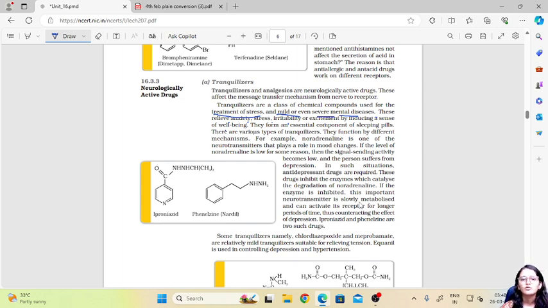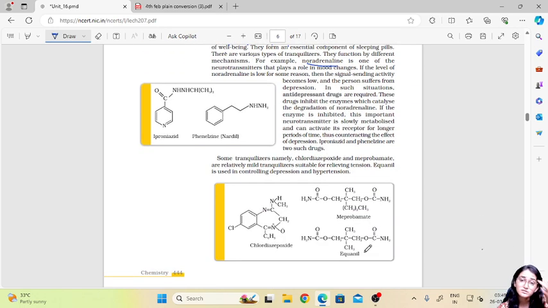An example of a tranquilizer is noradrenaline. Then we have antidepressant drugs, such as iproniazid and phenelzine, which are drugs to treat depression.